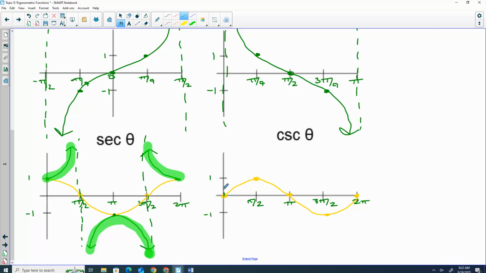We do our reciprocal, so the reciprocal of 0 is undefined, the reciprocal of 1 is 1. Reciprocal of negative 1 is negative 1. And if you turn your graph away from the axis, it looks like that.